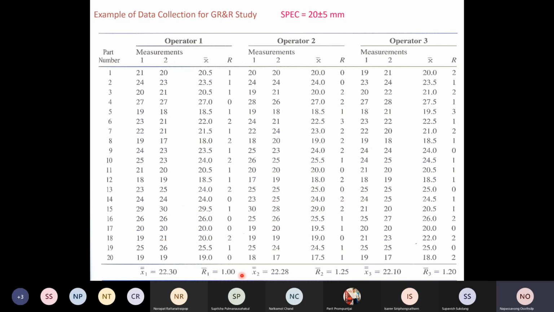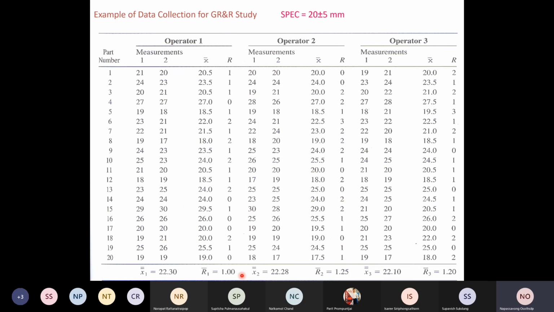So what does it tell you? It tells you about the performance regarding repeatability or reproducibility. Repeatability. Yes, good. So it tells you the repeatability of operator 1.